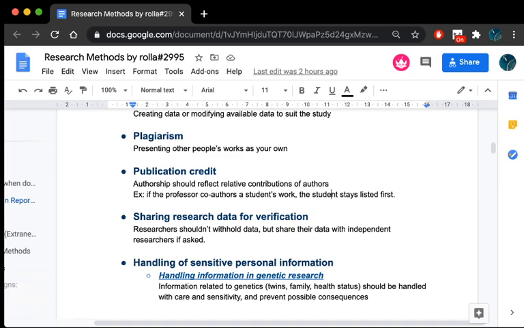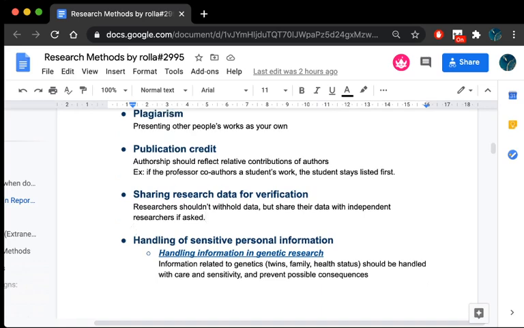So a professor shouldn't be authoring a work that's mainly done by their student. And you shouldn't put other people's names in front of your name just because you feel bad or you want to put it in alphabetical order or something.